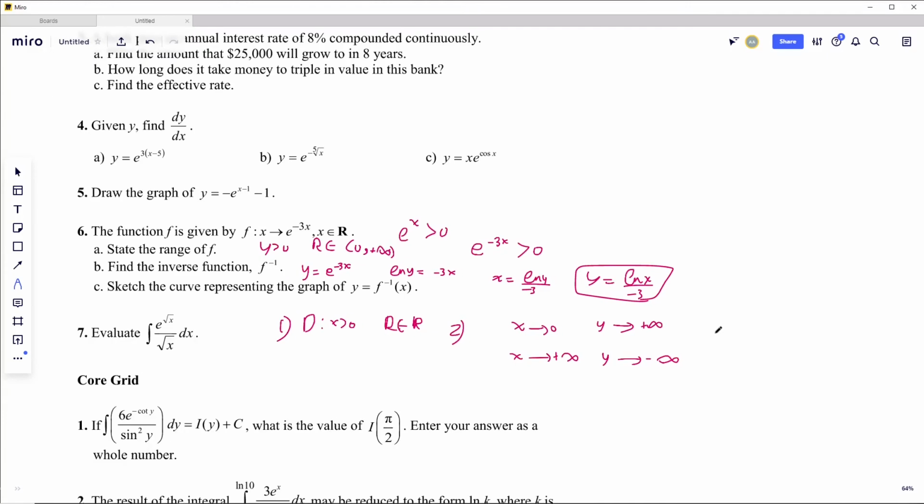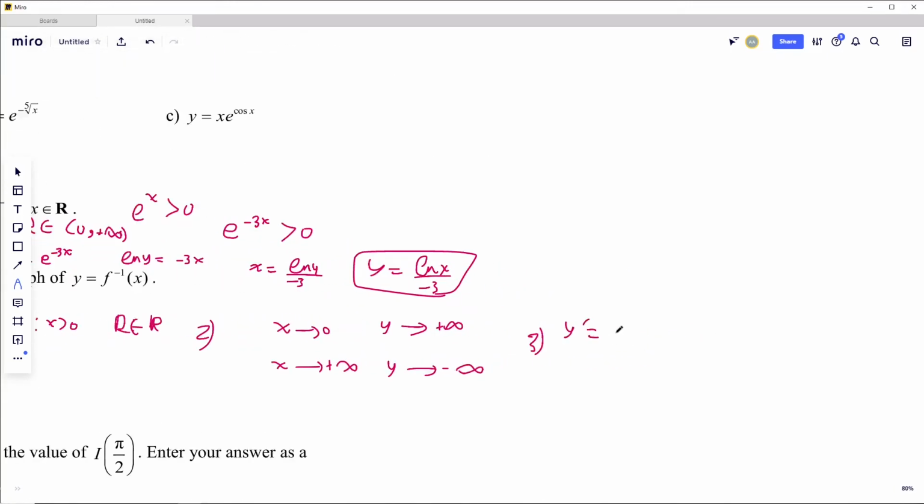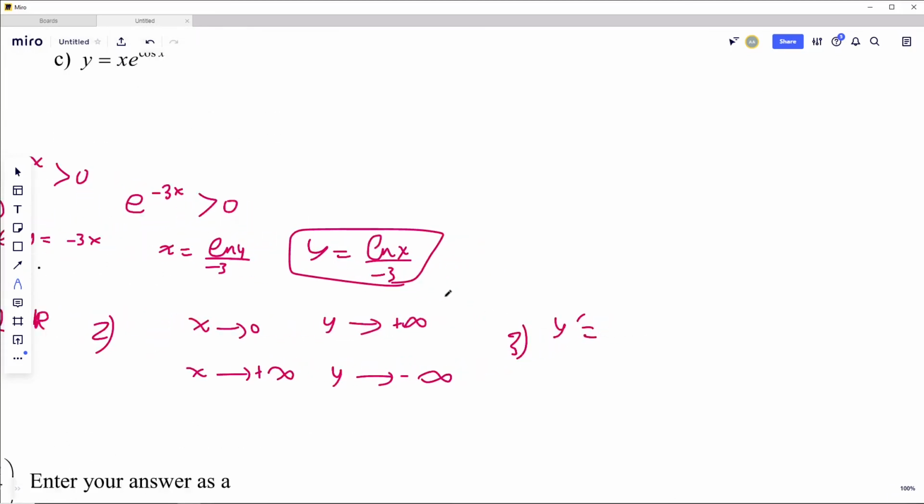And okay, the derivative. Maybe we don't even need it, who knows? Let's just derive. So 1 over minus 3x. Derive that again. Drop the minus, so 1 over 3 and then x squared, because you subtract from the power.